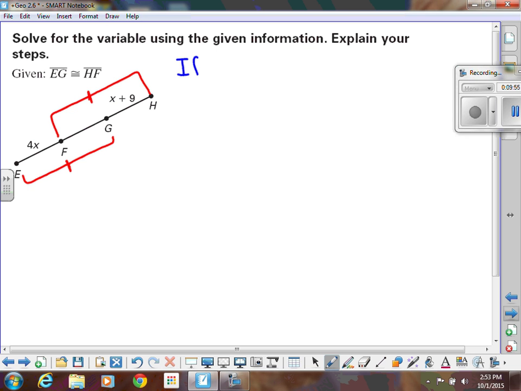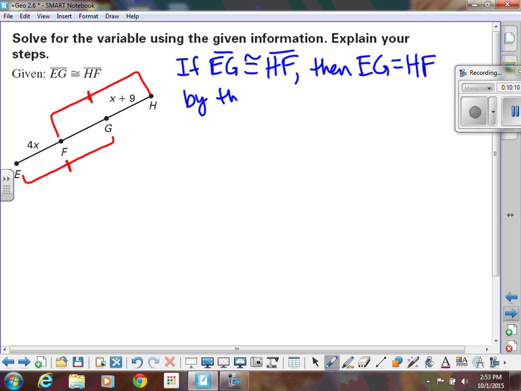So I'm going to say if EG is congruent to HF, well then I know EG is equal to HF by the definition of congruence. I'm going to abbreviate here. Okay. Also, in order to be able to write an equation, these segments that they gave me are made up of two smaller segments.